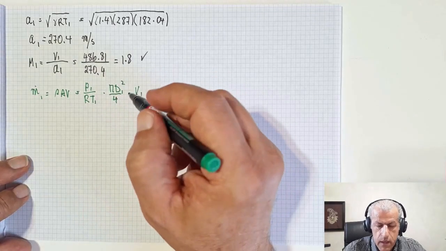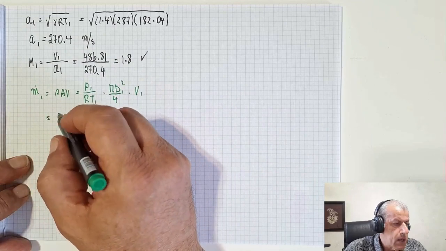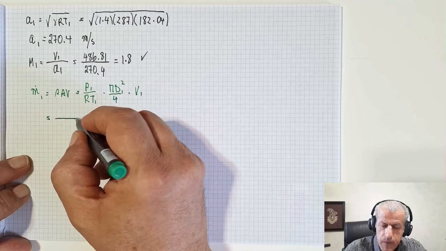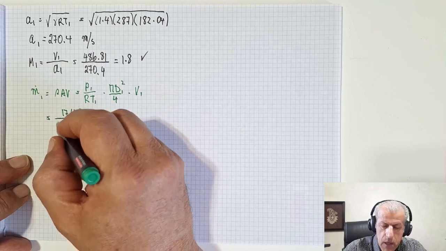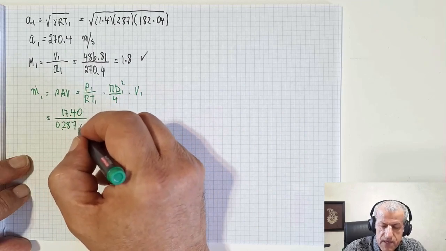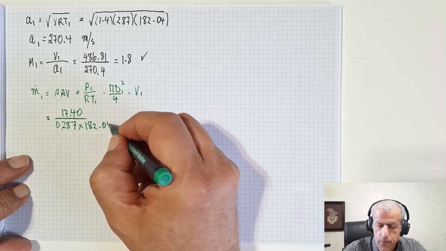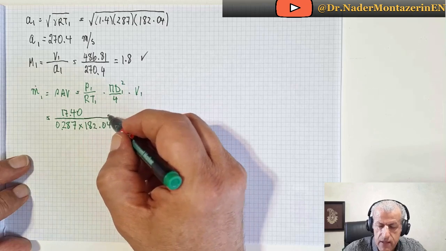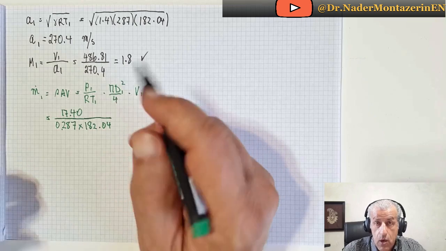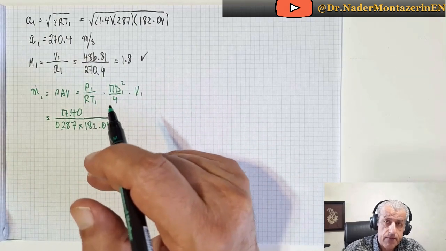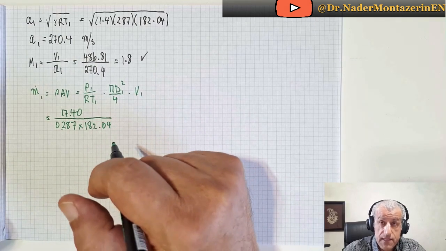We have all the knowledge we require, and therefore it equals 17.40 divided by 0.287 times 182.04. Please note that all these values are static values, not stagnation properties, at point 1, and for all calculations, we need the static values.